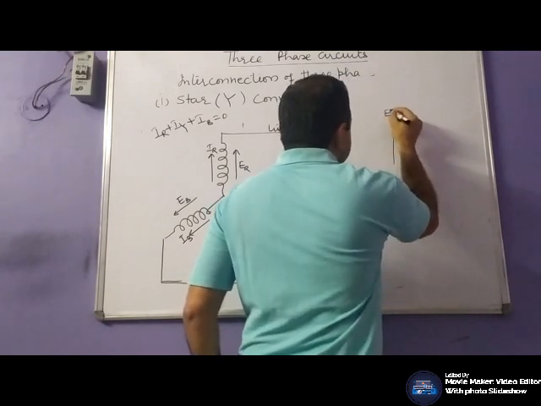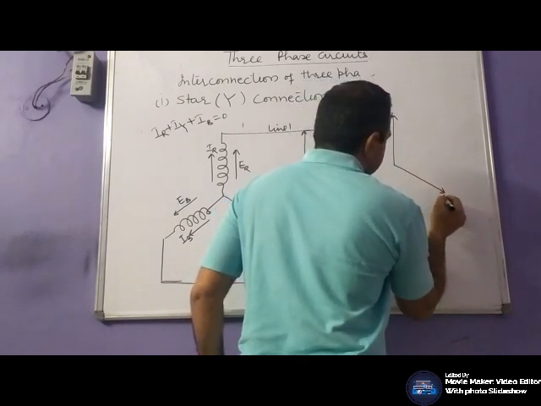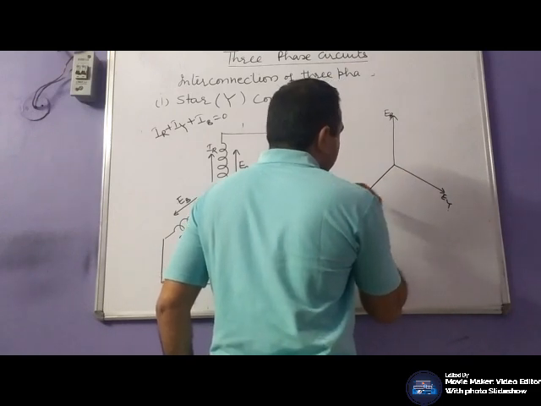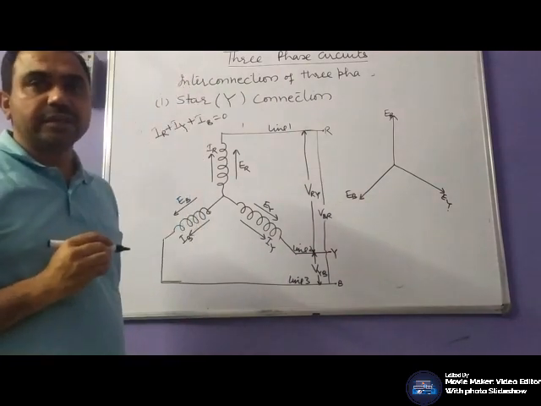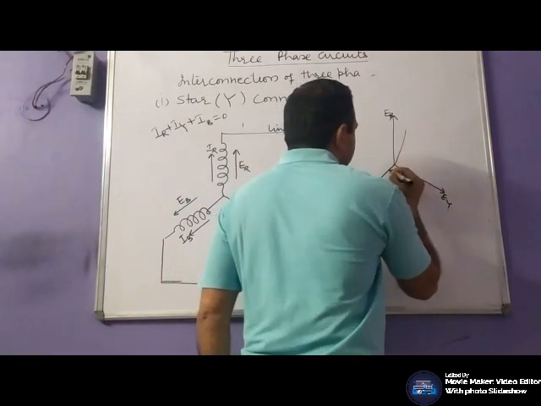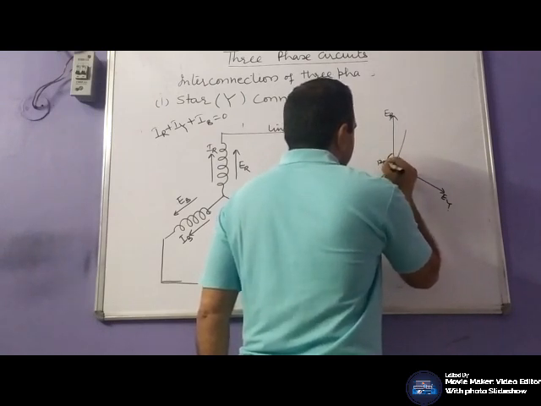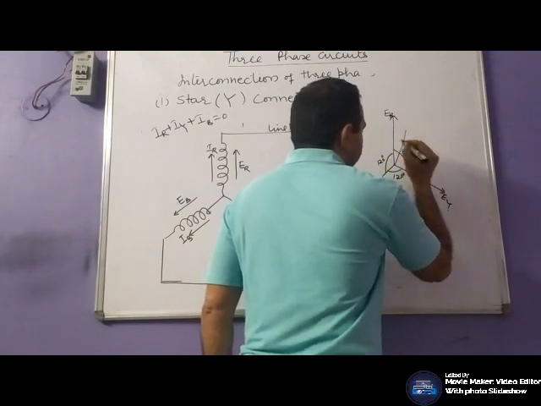All these voltages ER, EY and EB are displaced from each other by an angle of 120 degree. Let us say the load is inductive. This is a simple representation by a line.